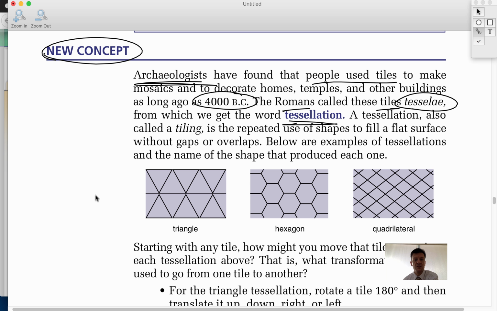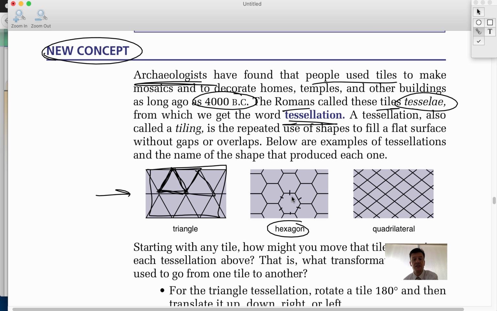All right? So here are some examples of tessellations. You can see the basic shape here is just a triangle. The triangle shape can't change, but you can rotate it and spin it so that they can all fit together and fill up a flat surface. Here's another one, a hexagon. A hexagon has 1, 2, 3, 4, 5, 6 sides.